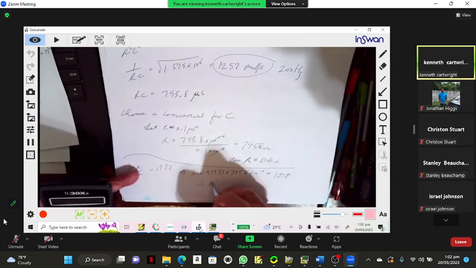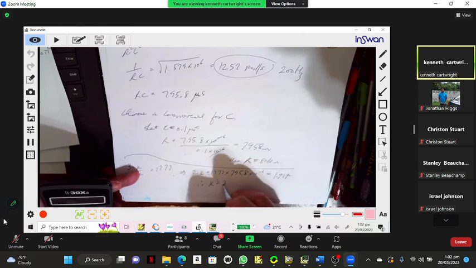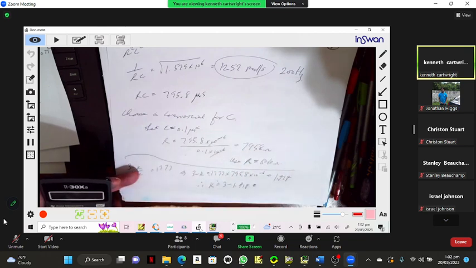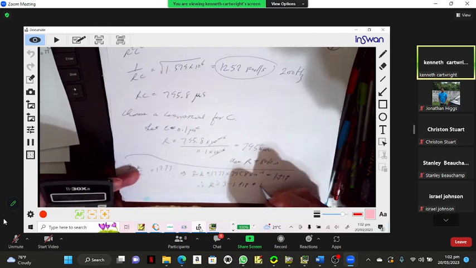Therefore, K equals 3 minus 1.414, which is 1.586.